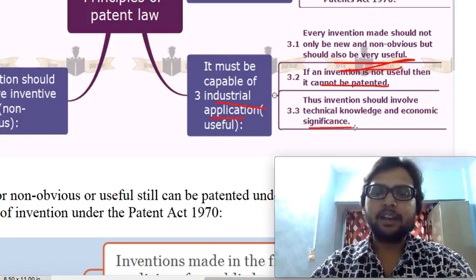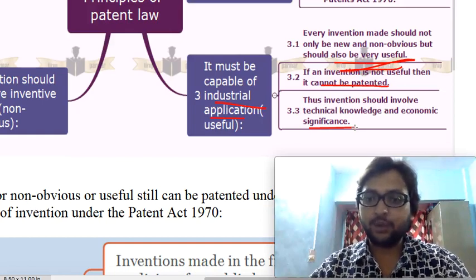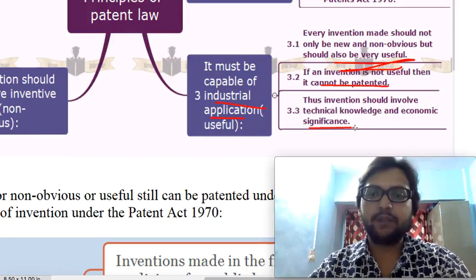Patent means the government provides you an assurance that no one can use your idea without your permission, and if someone tries to use the same idea, then you can go and file a complaint in the patent office.